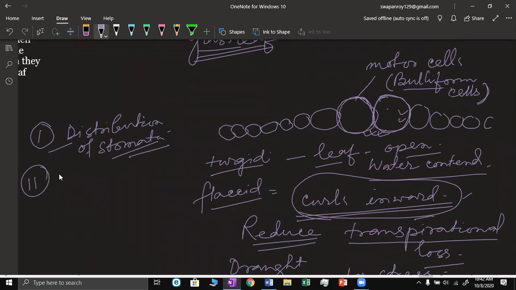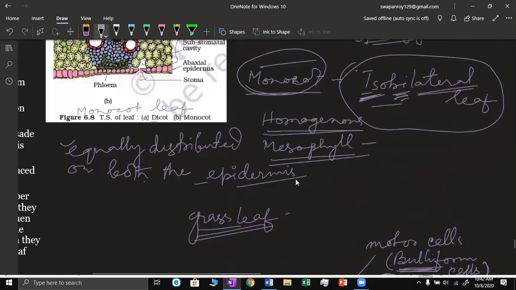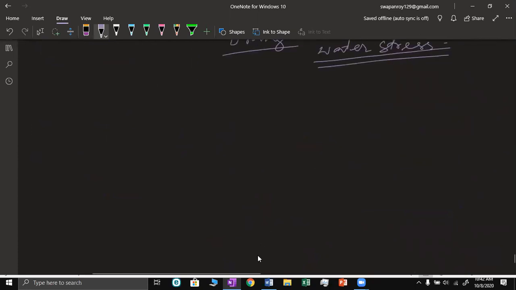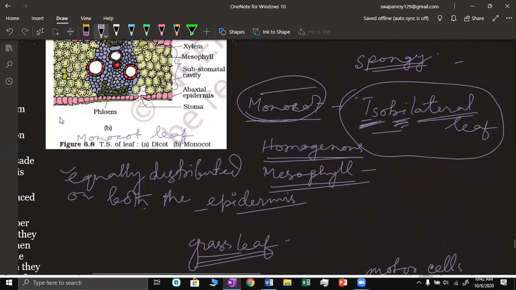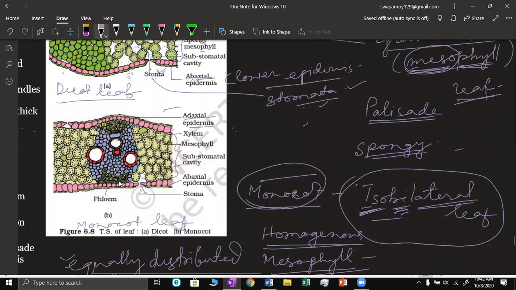And after that, the mesophyll tissue. In dicot there is palisade and spongy parenchyma, but in monocot this is not there. And of course, bulliform cells are present only in some grasses. These are the internal structure of the leaf and a stem.